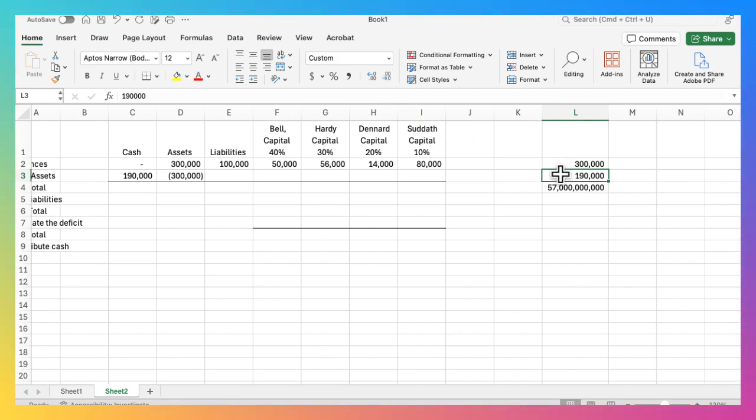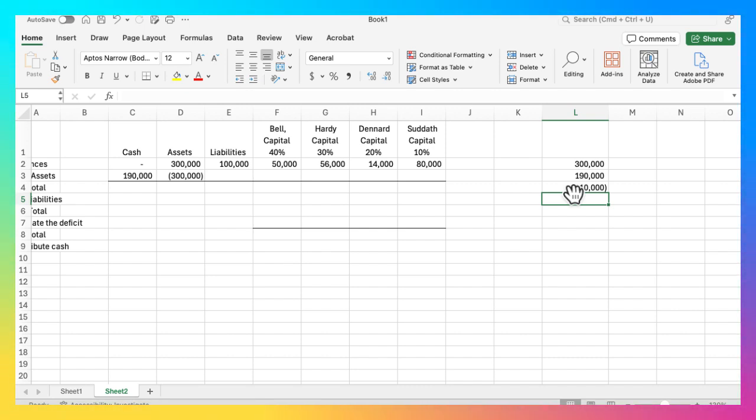Why is this thing running slow? Okay. So what we want to do is take the difference between the two. So we get a negative 110,000. So this loss from selling the assets, we need to allocate that.